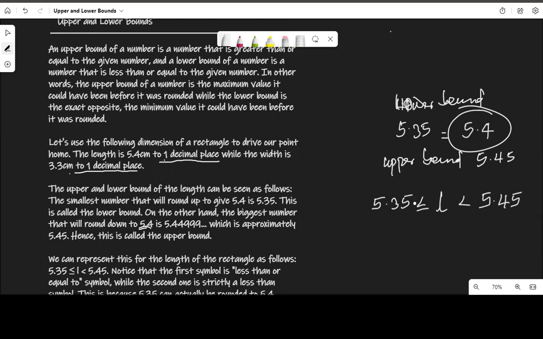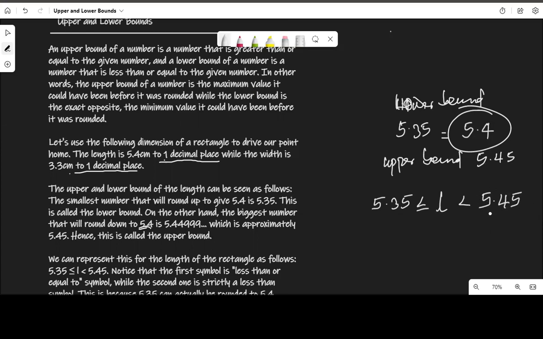Take note of my use of symbol. The first symbol here is less than or equal to, meaning this number can actually round to 5.4. Whereas here I have only less than, because this number cannot round to 5.4. If I round this, it's going to give me 5.5. That is why it is called the upper bound.